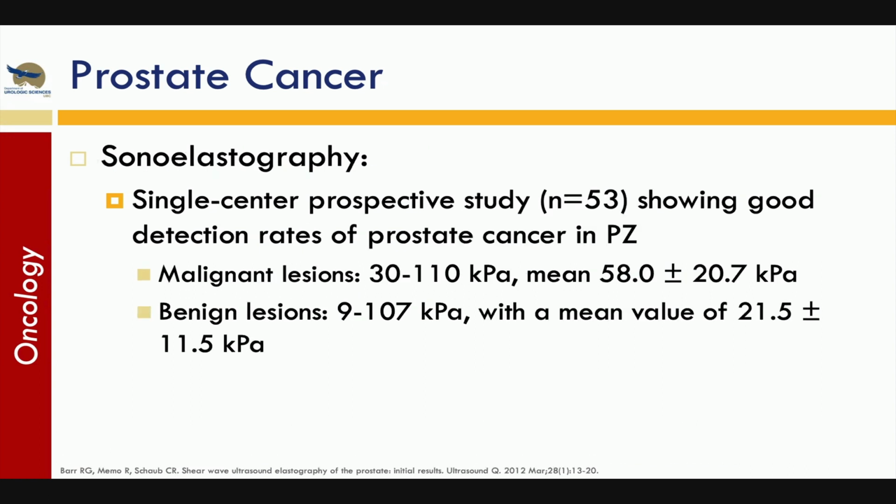And another thing was elastography. And I only really found one single center prospective study. There are 53 patients showing elastography. And the idea here is that the prostate cancer nodules have a different tissue stiffness compared to the benign tissue around it. They reported that for malignant lesions, the elasticity was kind of in the range of 30 to 100 kilopascals, compared to benign lesions with a range that admittedly had a little bit of an overlap, but the mean value was lower.